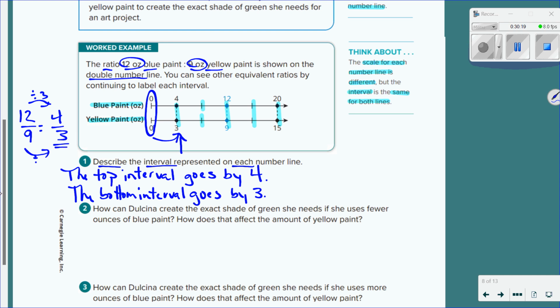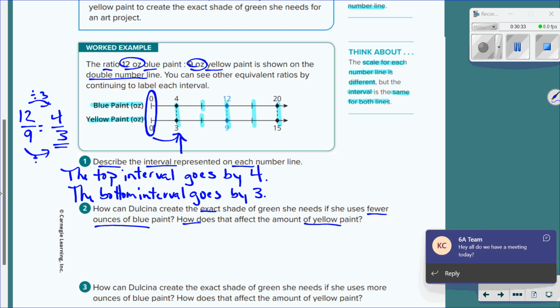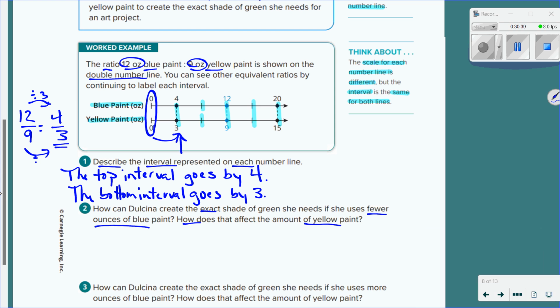So how can Duncan create the exact shade of green she needs if she uses fewer ounces of blue paint? How does it affect the amount of yellow paint? Can't you use less than 12 ounces of blue paint? Would that be okay? Yes. If I do, what's going to happen to the yellow?